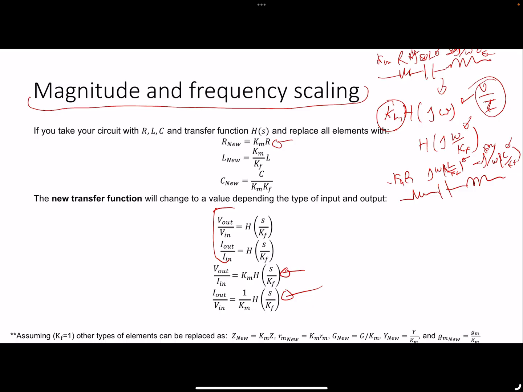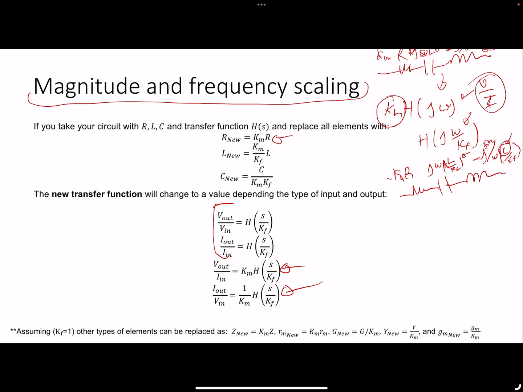And for the capacitance, we divide by both Km and Kf. The reason we divide is that capacitance is in the denominator, so when you multiply impedance, you end up dividing the capacitance. Is this clear to everyone? Yes, no? So that's what we called magnitude and frequency scaling.